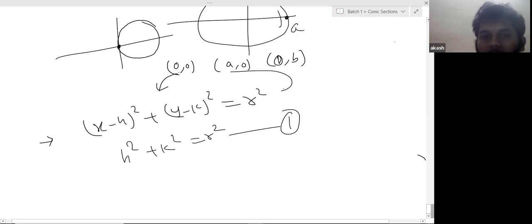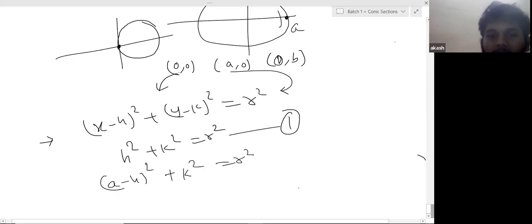If you put (a, 0) in this equation, you will have (a minus h) whole square plus k square equals r square, right? This is the second equation, or you can open this: a square minus 2ah plus h square plus k square equals r square.